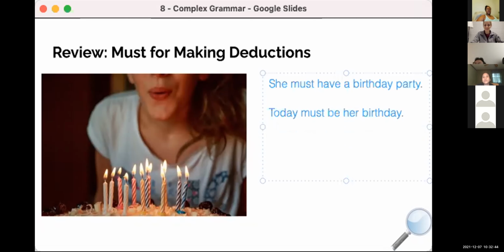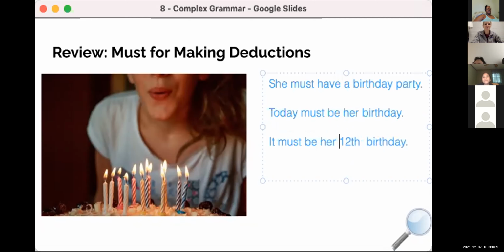How many candles? I count 11 candles. 12? I think there are two hiding there.